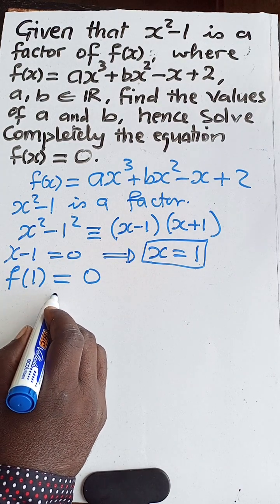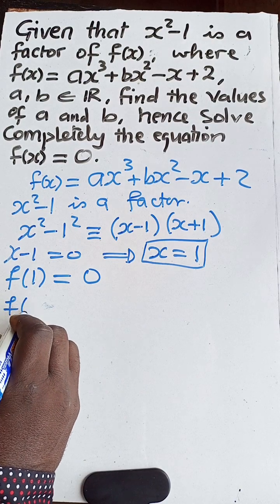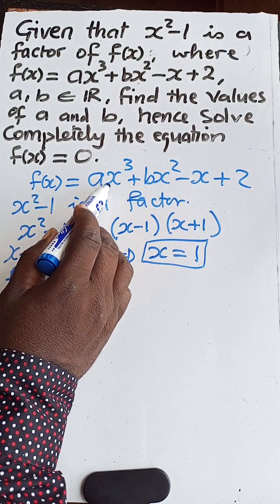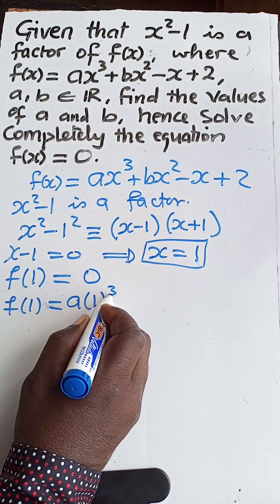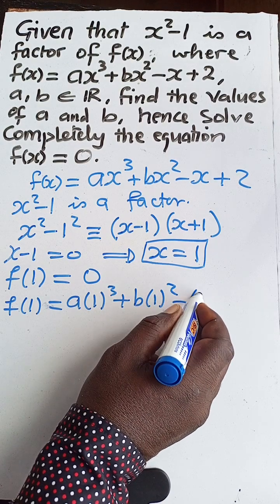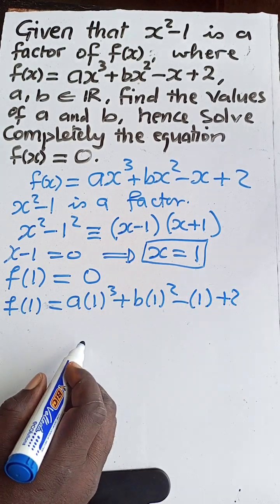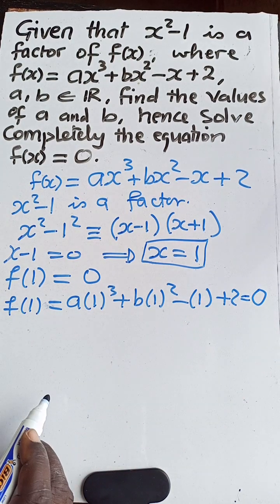So f of 1, we expect it to be 0. So f of 1, that means wherever we find x, we put 1. So we're going to have a into 1 cubed plus b into 1 squared minus 1 plus 2. All right, we expect this to be equal to 0.